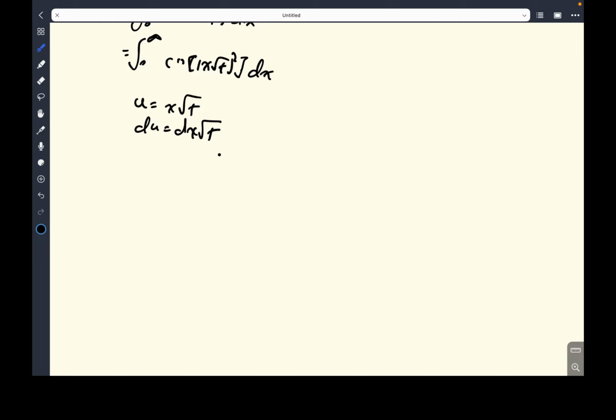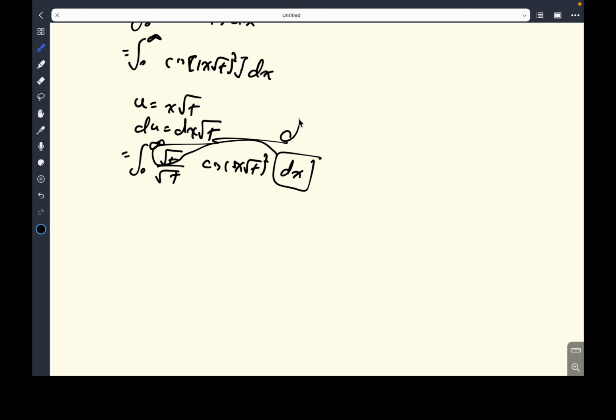I'm going to multiply and divide by root t, so it's going to be cosine of (x root t) squared dx over root t, and this whole thing here is going to be collected as du.